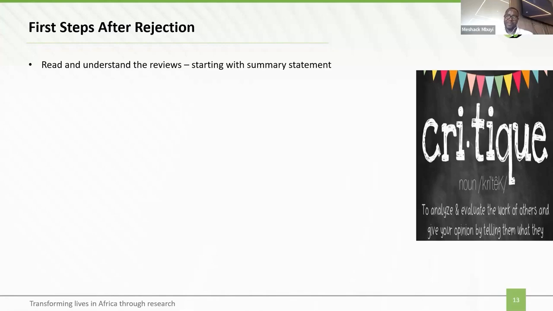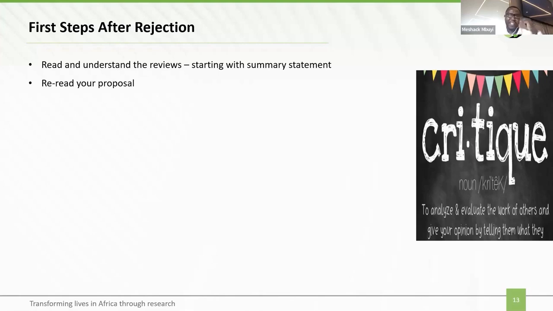And you need to start with the summary statements, because it's usually the one that gives you a top line of what you need to respond to. Remember, much as they give broader comments, the summary statement is where they summarize everything that you need to respond to. But this does not stop you from going into the application and making changes in different sections of the proposal.